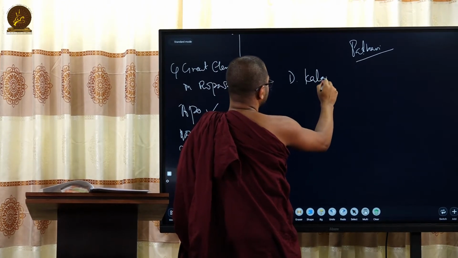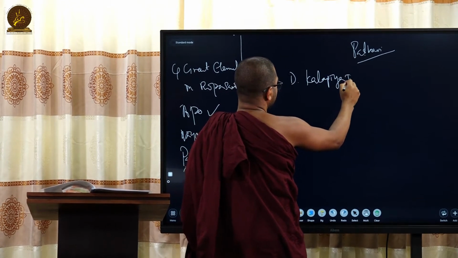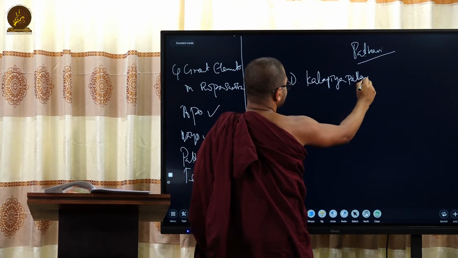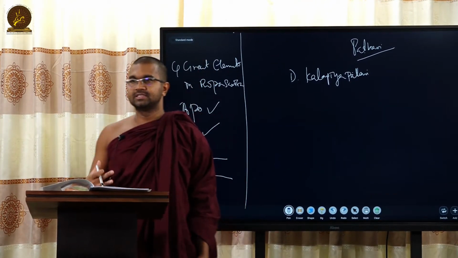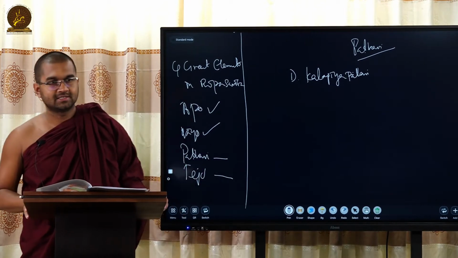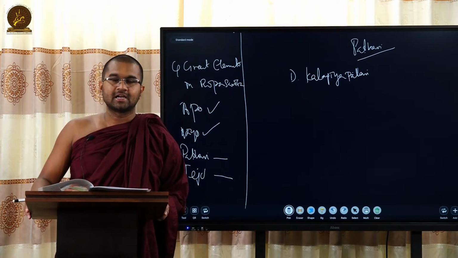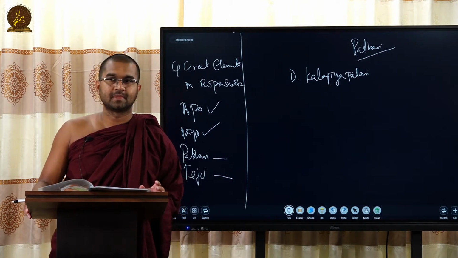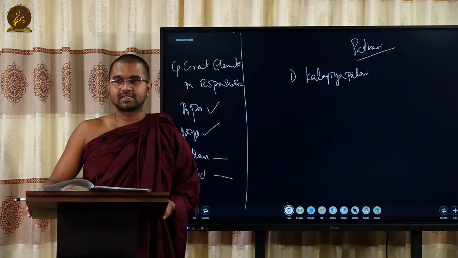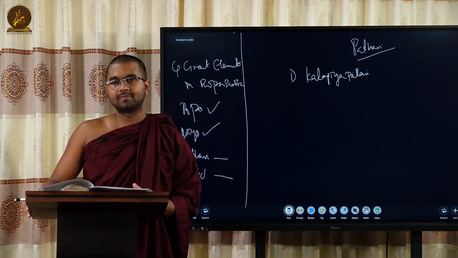Kalapiya Patavi, the Patavi that exists within a Kalapa, which gives the Kalapa its substantial nature. Due to that quality, another Kalapa cannot come into the space occupied by the first Kalapa. At the same time, a second Kalapa can be kept upon one Kalapa.